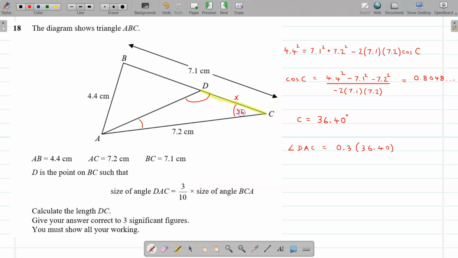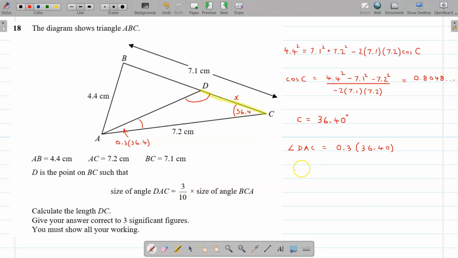That's using what we've just worked out. And I also know that this one here is 3/10 of that. So if I just label it as 0.3 times 36.4, then I can work out that this angle here, which is angle ADC, will be 180 minus this.